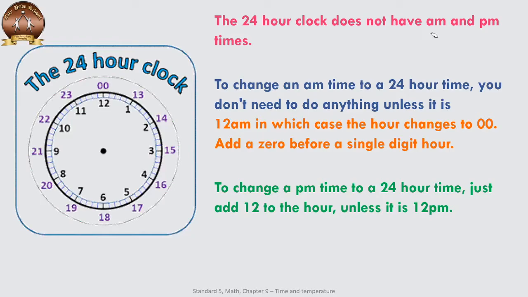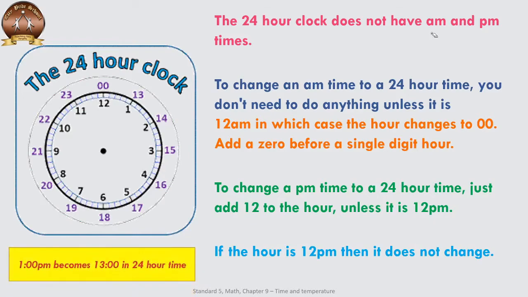If it is 12 PM, it does not change. But if it is anything else like 1 PM, then it becomes 13:00. So 13:00 in 24-hour time represents 1 PM.